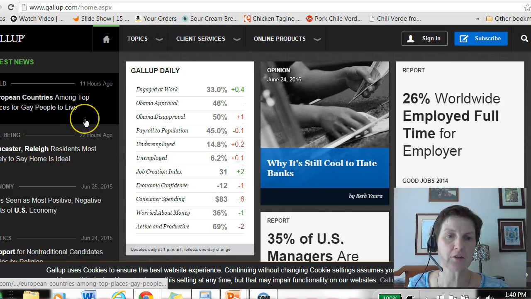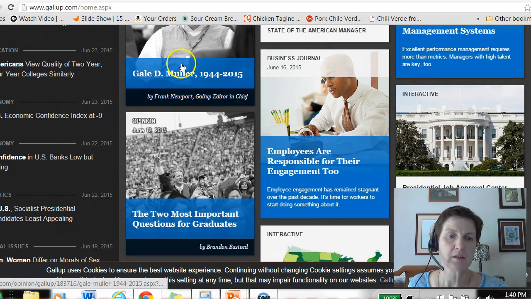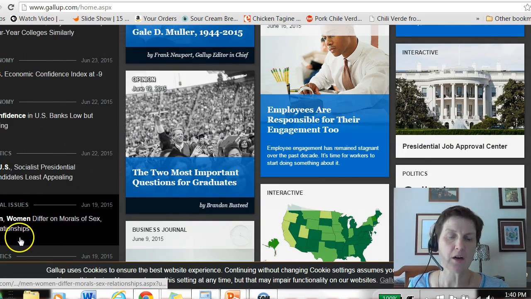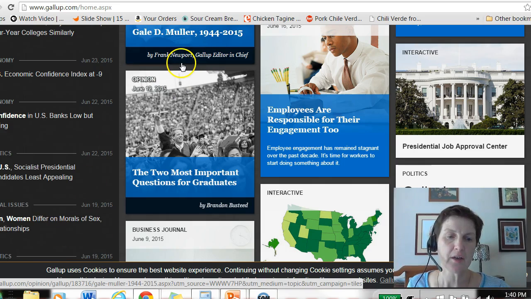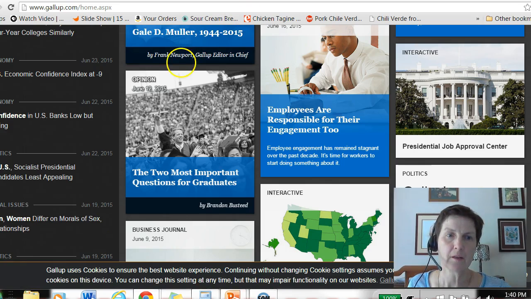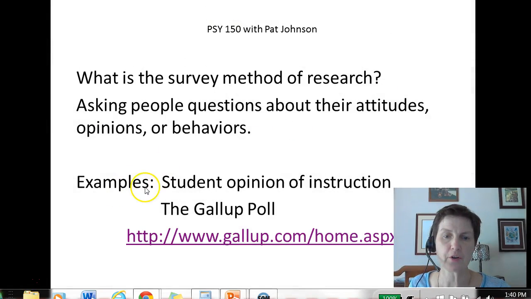I was looking here, and there was an interesting one on men and women, how they differ on morals of sex and relationships, and that's from June 19th, 2015. So that's the Gallup webpage, and you can go to that.